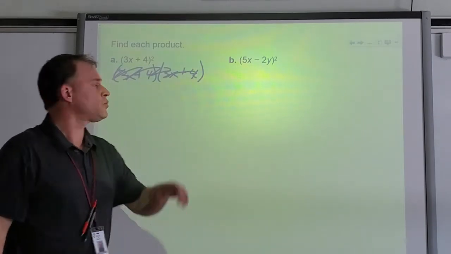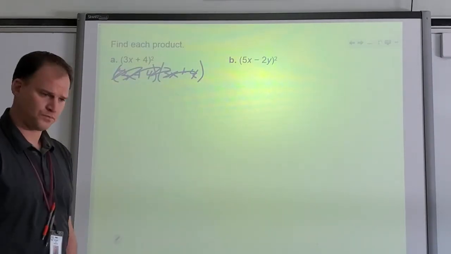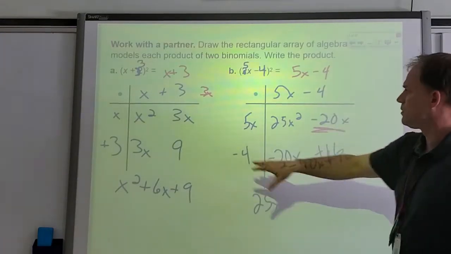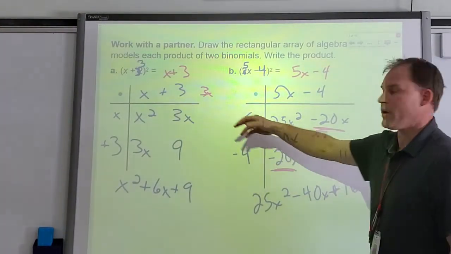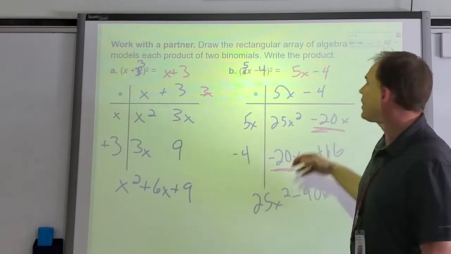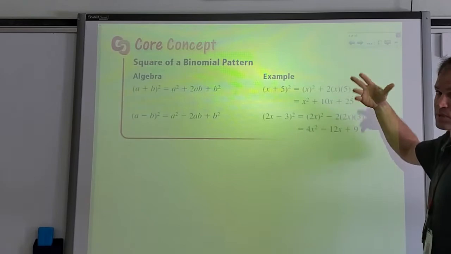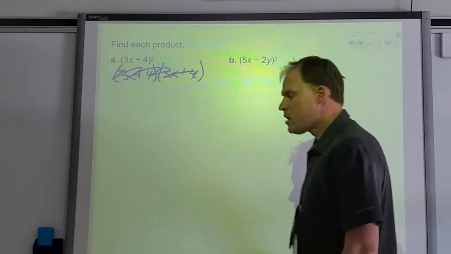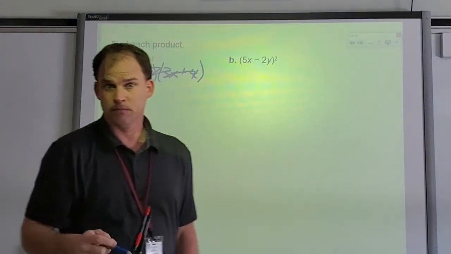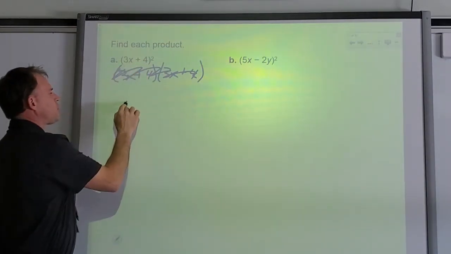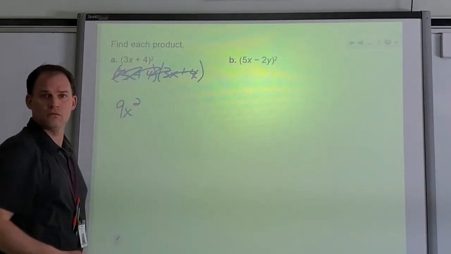All right, so if I give you 3x plus 4 squared, I can imagine an area problem, right? Where I write it out. If you want to write it out, fine. But if you want to write out all these steps, fine. Memorize the pattern. I take the first term squared.